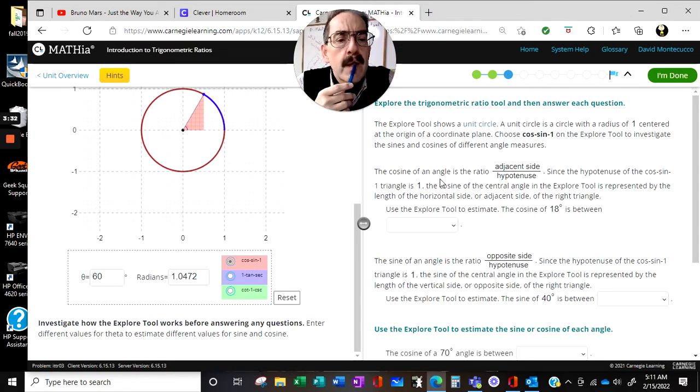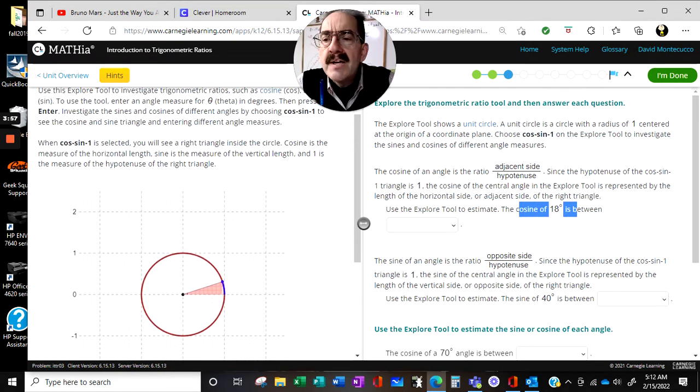Use the Explorer tool to estimate the cosine of 18 degrees. So 18 degrees, and we want the cosine. Cosine is the x value.